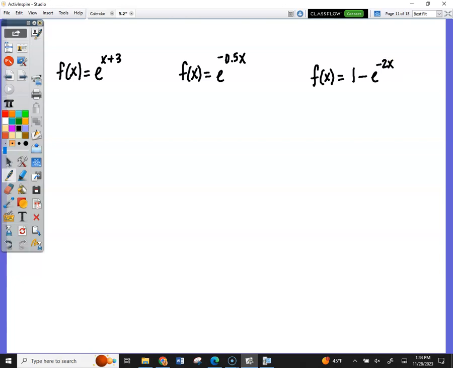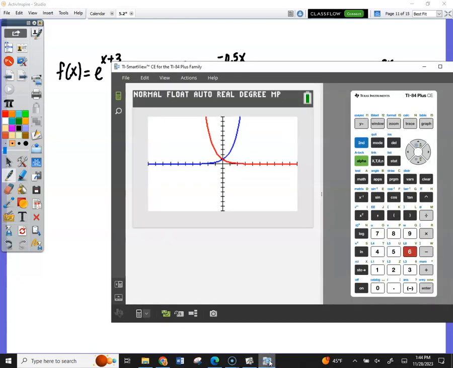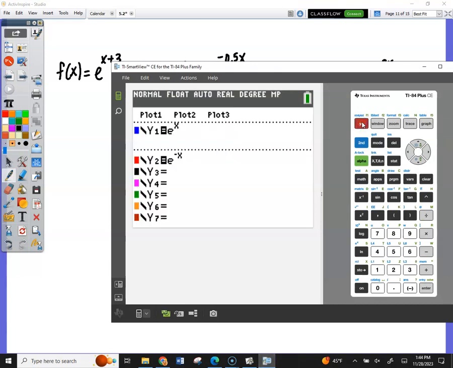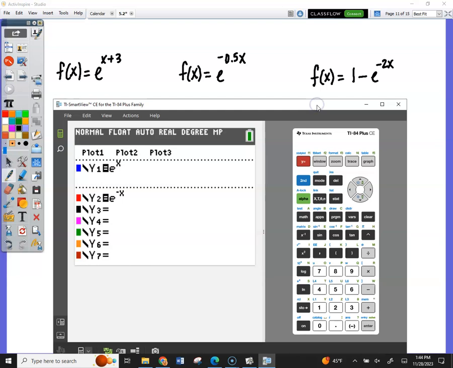Just looking at these, you can sketch it. You can go to y equals on your calculator. You can type all three in. And what you can do is just remember the numbers, or the colors. Remember the colors that it assigns, and then hit graph and you can sketch it. What I want you to do is to tell me what's actually happening here.